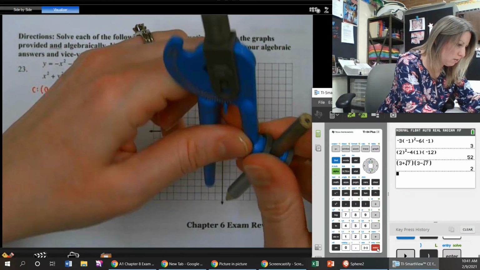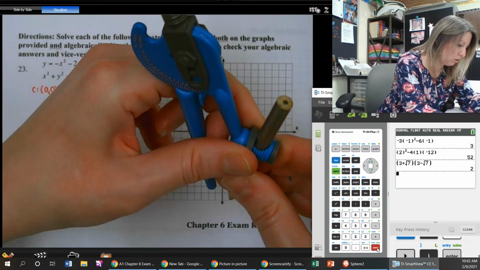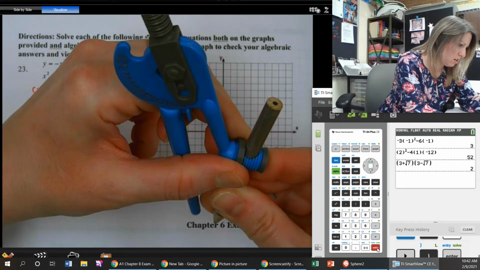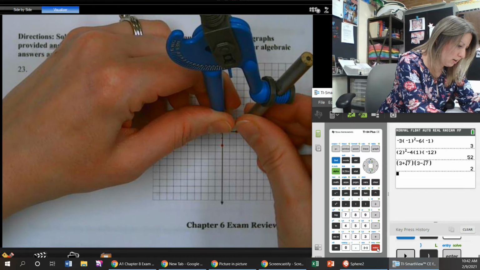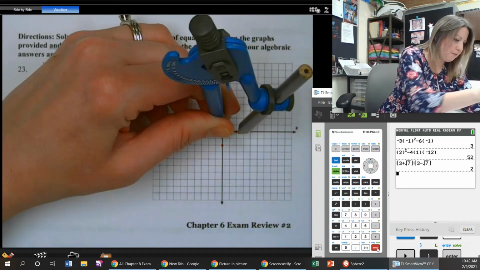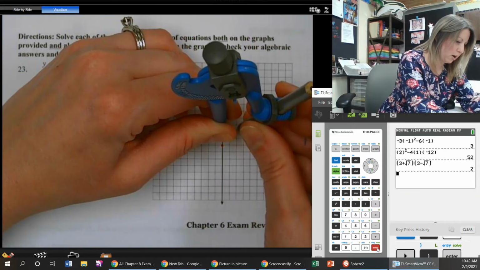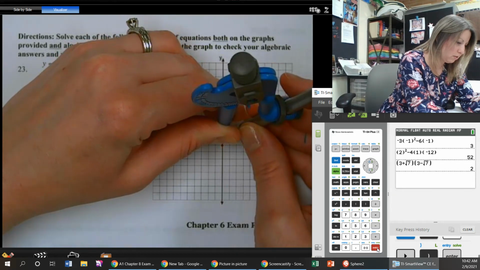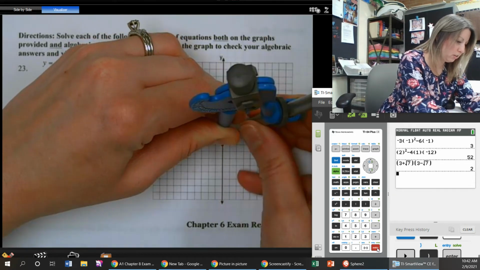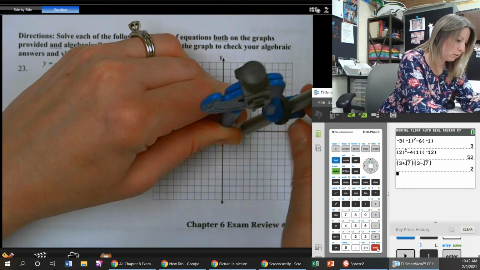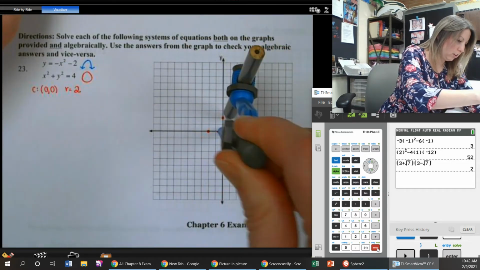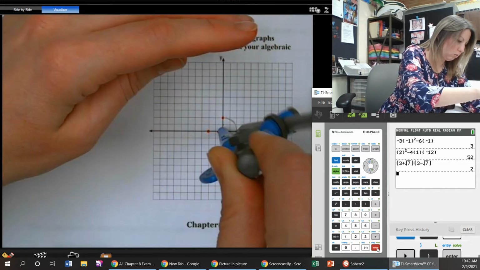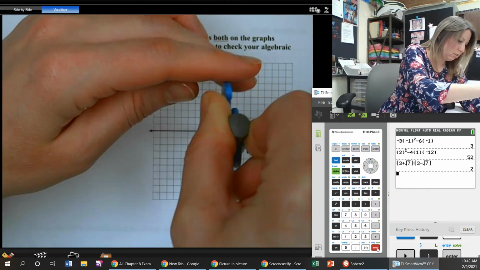Hold on. My pencil is actually so tight in this that it's not going to work. There we go. Okay. I find it easier to move my paper than to move my compass. Personal preference, I suppose, although this paper is not moving. There's one side and another side.